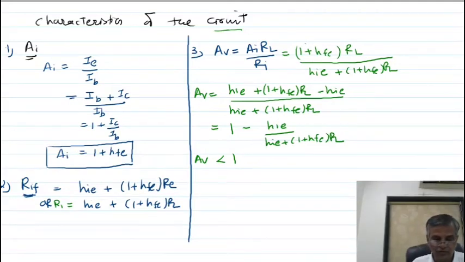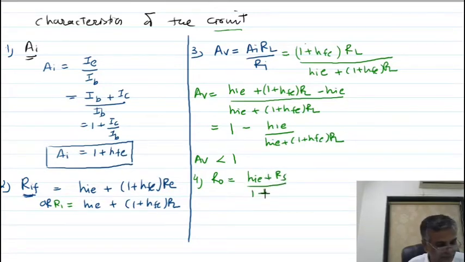And fourth, I want to discuss RO. The RO of your circuit is nothing but I can write HIE plus RS upon 1 plus HFE. This is the output resistance of the common collector circuit.